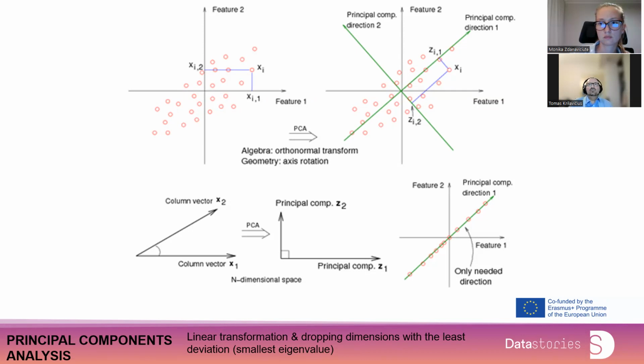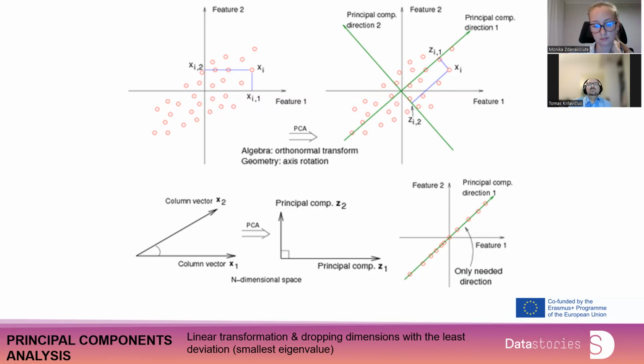What we want to do is have a different view, for example, to represent them using only one dimension. So we choose the direction where the distribution of the values is highest in 2 dimensions, and choose this direction for the first principal component.